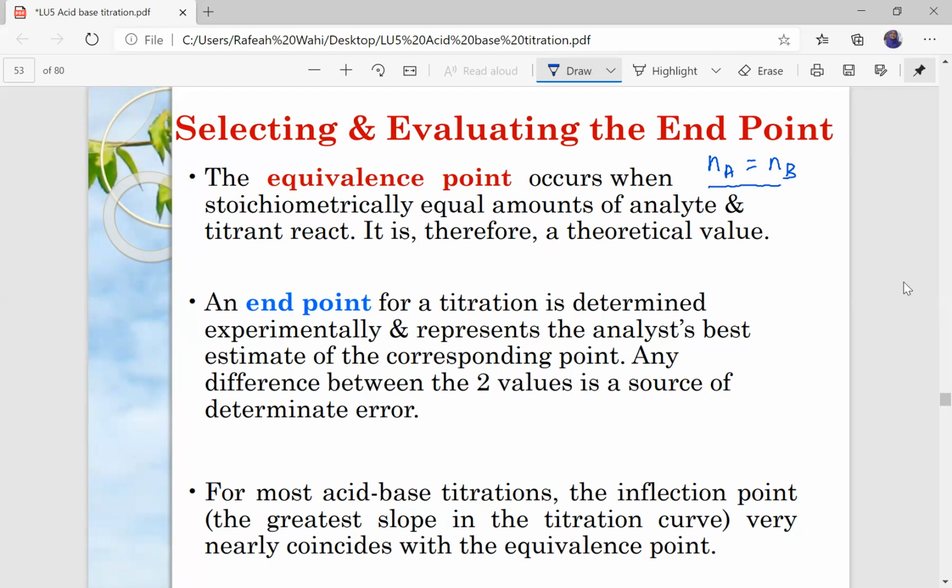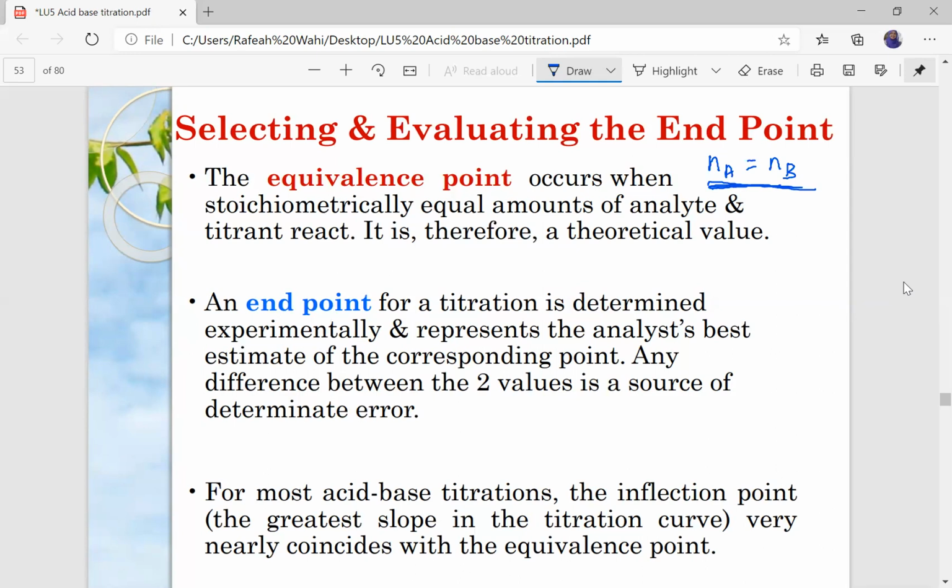In the case of titration between a strong acid and a strong base, we already know that the pH at the equivalence point is always 7. For titration between a weak acid and a strong base, and a weak base and a strong acid, we can calculate the equivalence points using this concept.